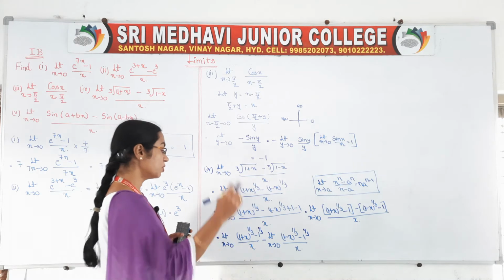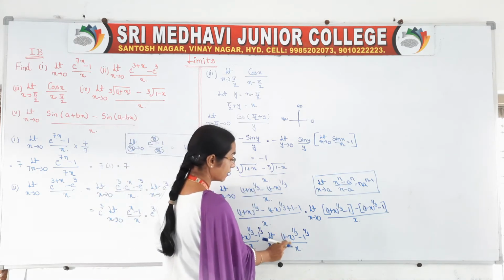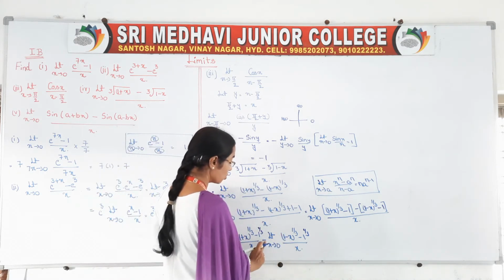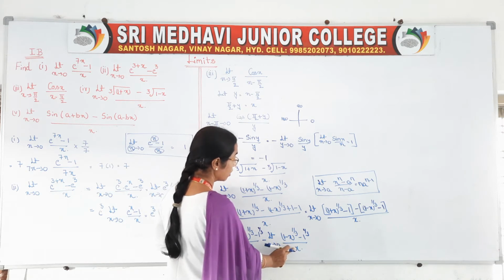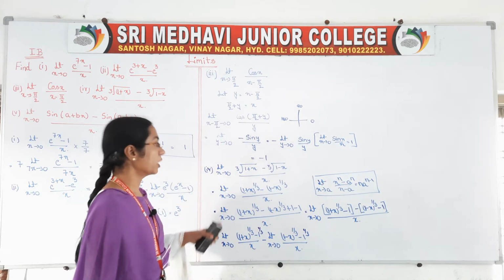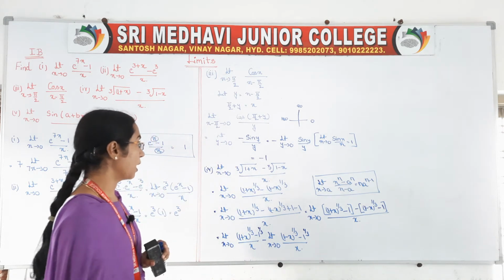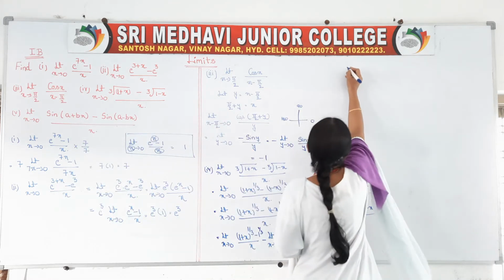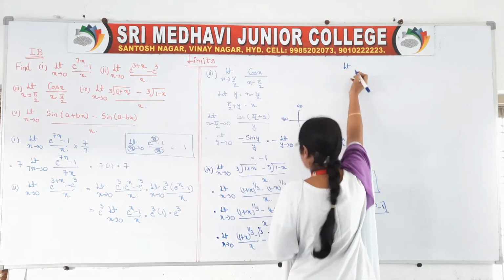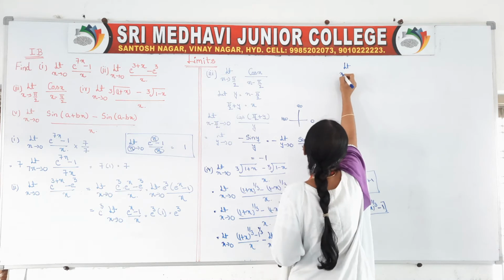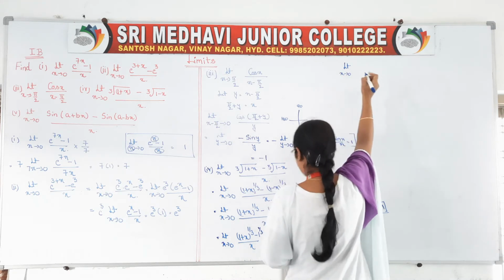And observe, here minus x is there, here x is there. So you give this negative sign to this x, so in the middle we will have plus now, right? So then what happens? Limit x tends to 0, right?